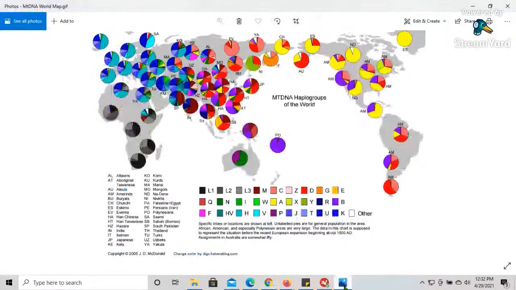So back over here, you can see this map shows clearly that it's all Middle Eastern Semitic mitochondrial DNA, the entire Europe, all the way well up into Russia, well up into even Finland. You have the Semitic mitochondrial DNA.